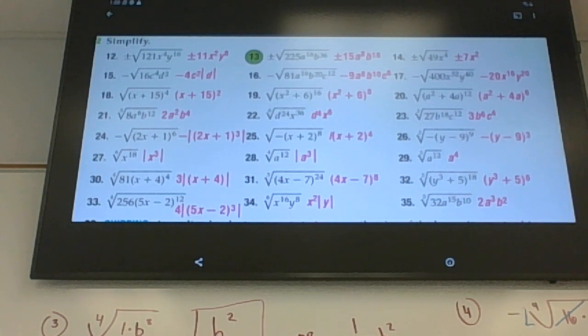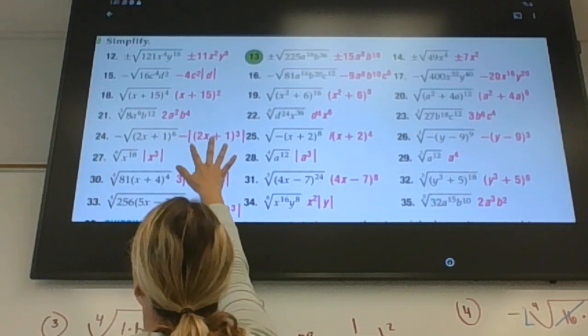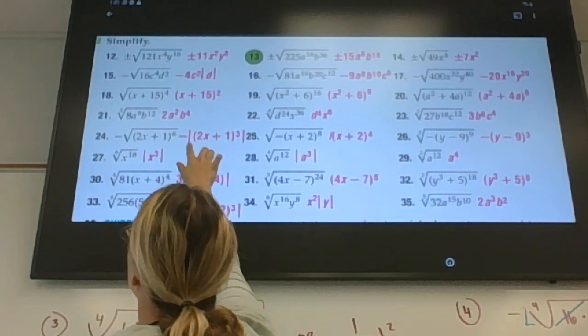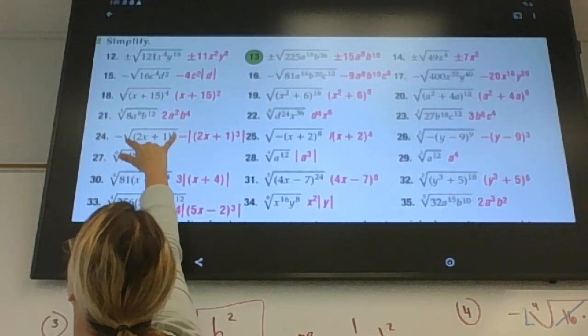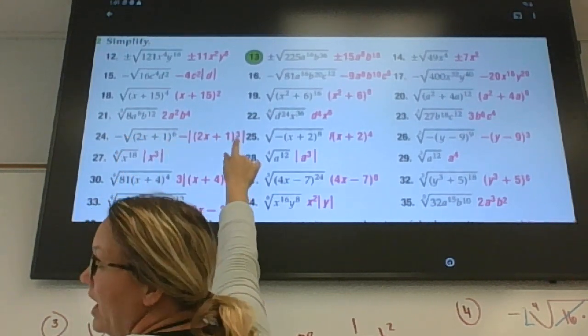Does anybody have a question about any of 12 through 35? It's only when this is even and this is even and the result is odd.